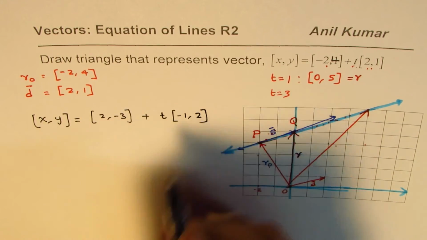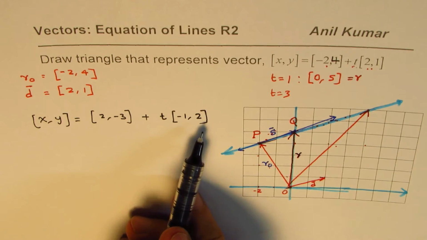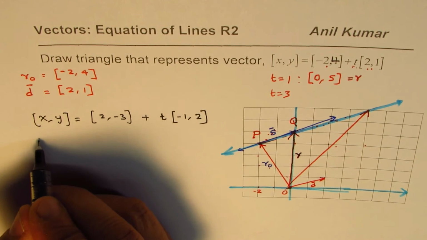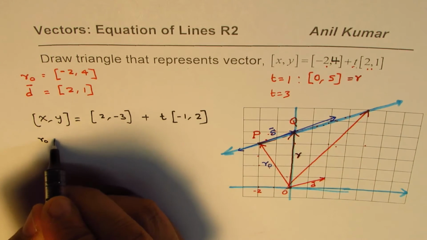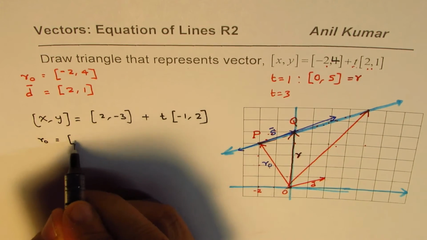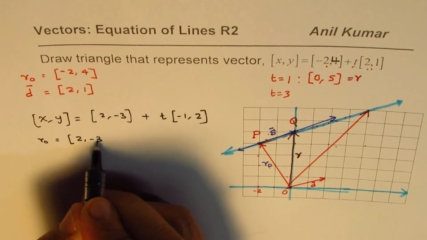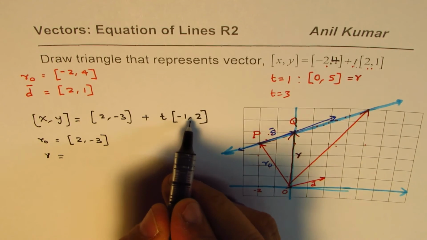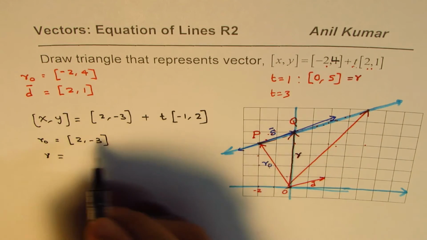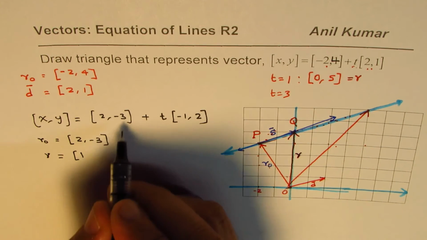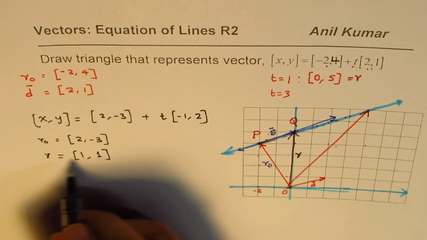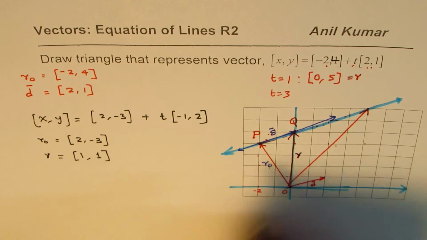In this case, you could take r0 as the position vector (2, -3), right? r will be t equals 1, which is 2 minus 1, which is 1, and minus 3 plus 2, which is also 1, so that becomes r.